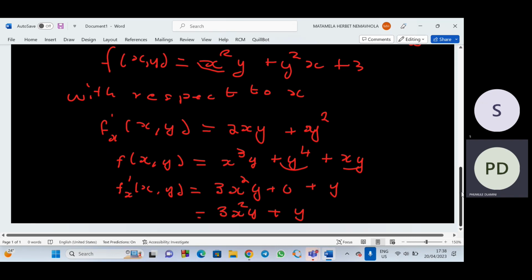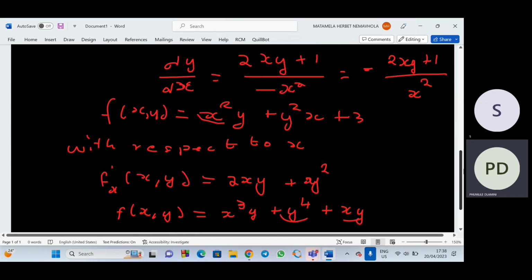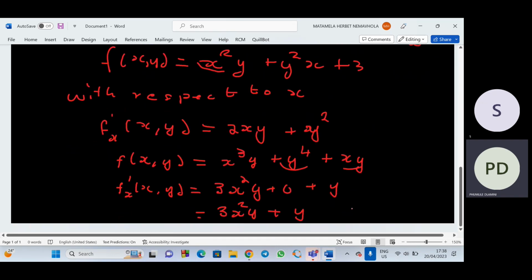So this is one where we differentiate with respect to x. Sometimes a question can say differentiate with respect to y.